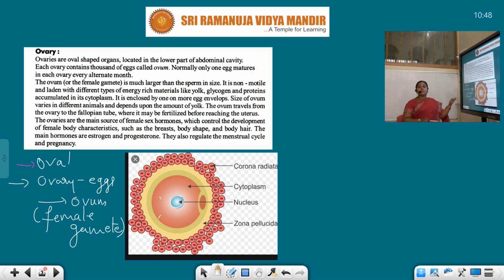Ovum is nothing but the female gamete. The size of the female gamete is much larger than the size of the male gamete. The male gamete is the sperm cell. Our ovum is non-motile; it cannot move from one place to another, and it has rich energy sources such as yolk, proteins, and glycogen.